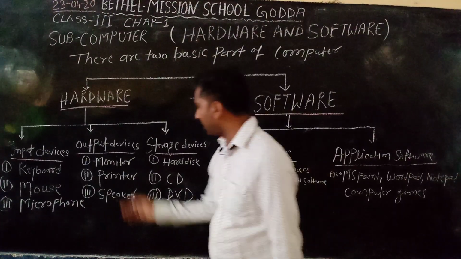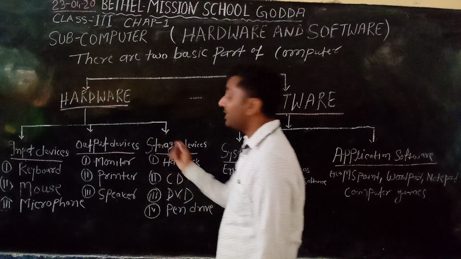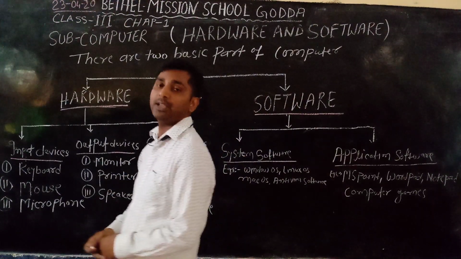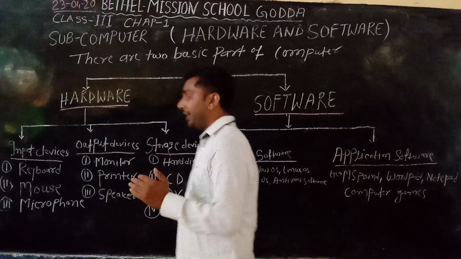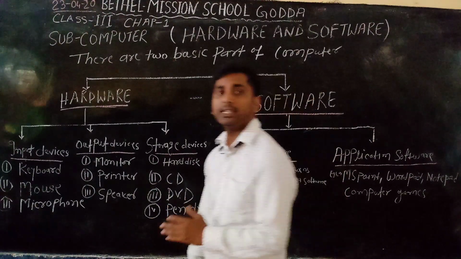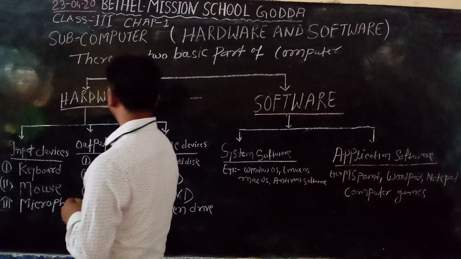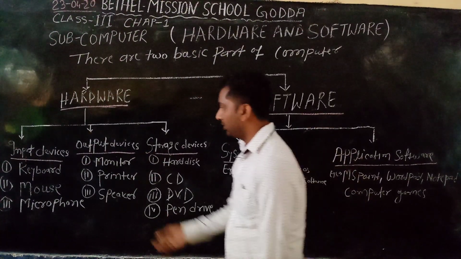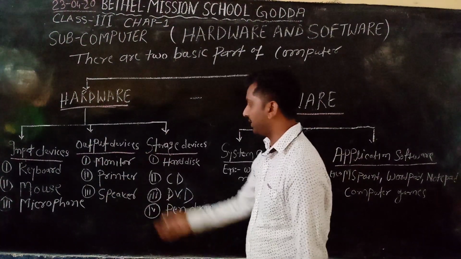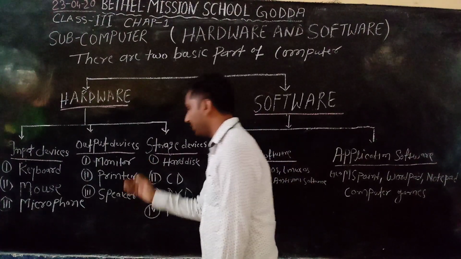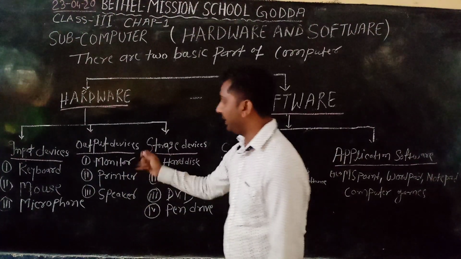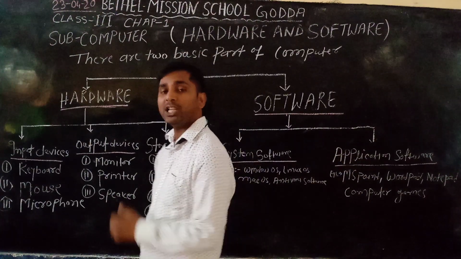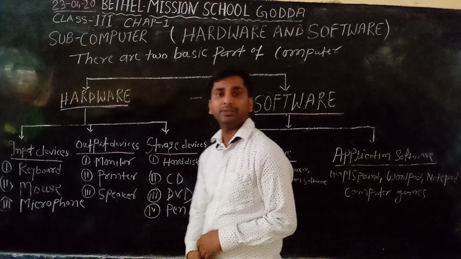Now, second is output device. What is an output device? This type of device that displays results or information on the monitor is called an output device. So these are output devices: first, monitor, printer, and speaker. What is the monitor? Monitor is an output device.